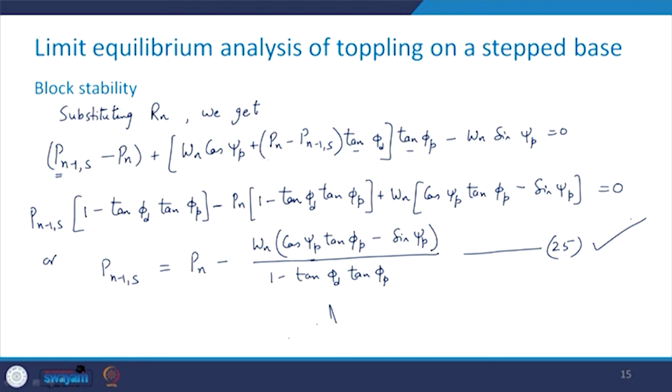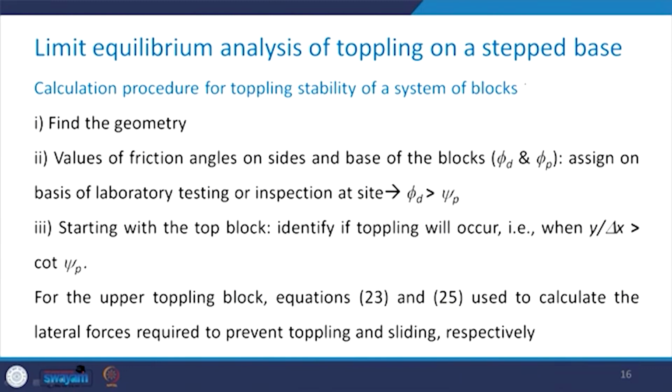So, now after knowing how we can calculate this Pn minus 1 for the nth block which is undergoing either the toppling or the sliding, let us see how to go ahead with the complete analysis as far as the toppling failure of the slopes is concerned. So, the calculation procedure for toppling stability has been given here.